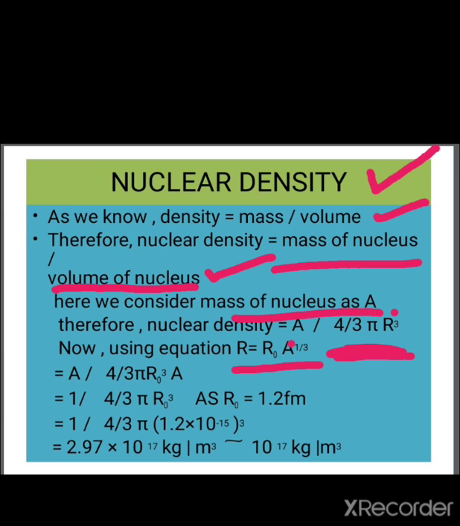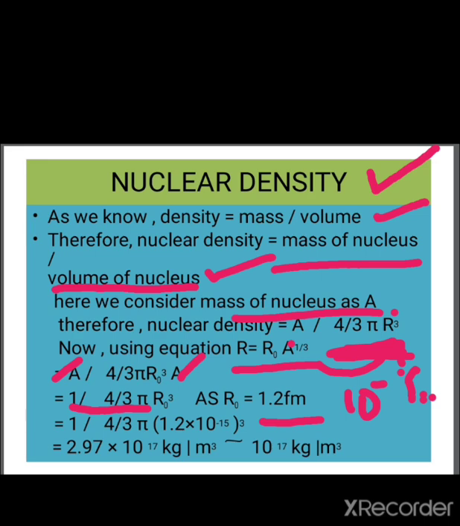Using the value of R in the above equation, we got A upon 4/3 π R0³ A. After cancelling the A terms on both sides, we are left with only this. We know from the previous slide that R0 is equal to 1.2 fm, and that 1 fm is equal to 10^-15 meter.